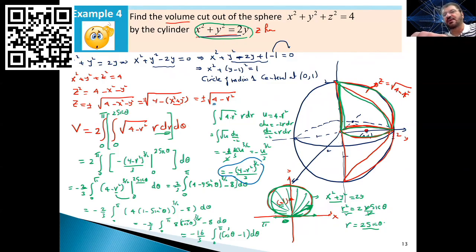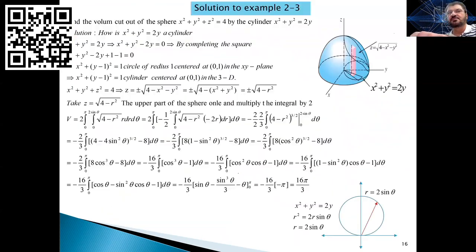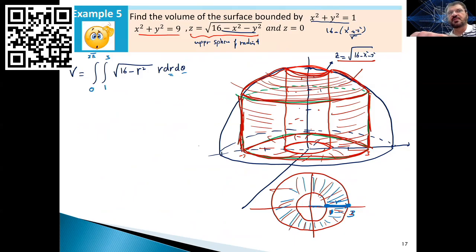So it's going to be 16 minus r squared to the 3/2 over 3, with the negative. So this is equal to the integration from 0 to 2 pi. Then we write the result of the integration: 16 minus r squared to the 3/2 over 3, with the negative.